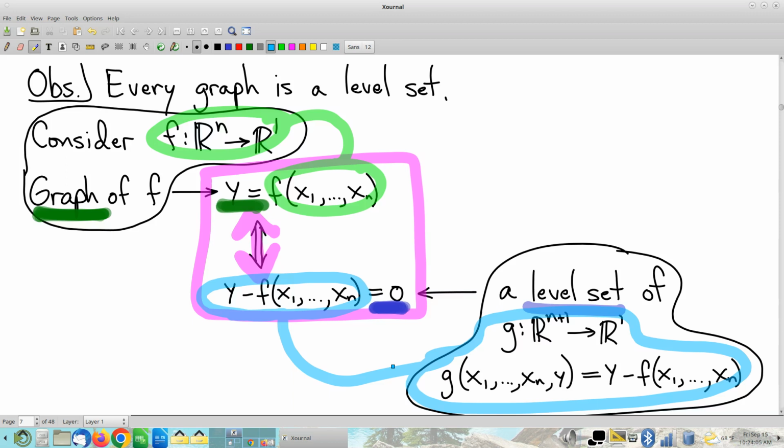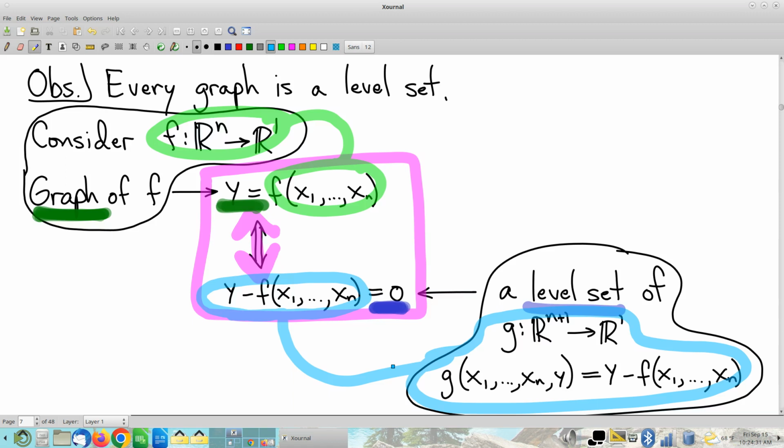So what's nice about this is that you can always do this for any graph. Anytime you are looking at a graph of a function, this is the equation of a graph. This little algebraic triviality is always doable, and therefore you are looking at a level set of a different function. So whenever you're looking at a graph, you can reinterpret it as a level set. And why do we care about this?